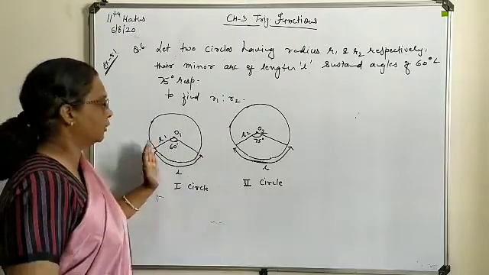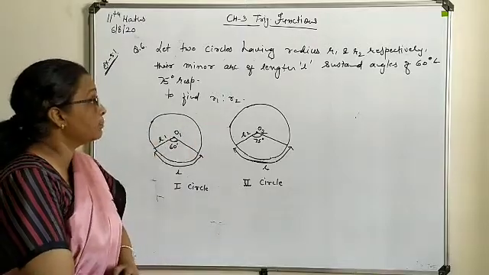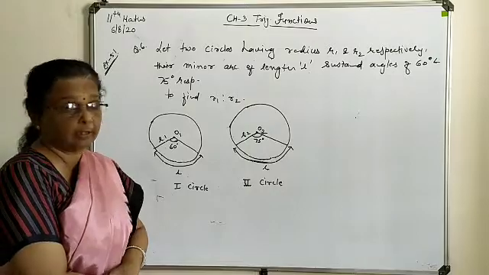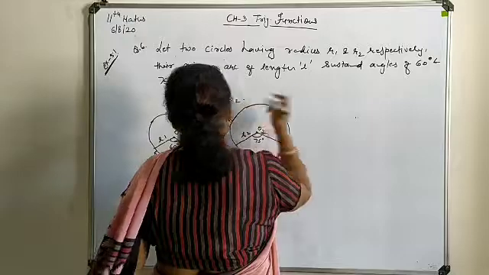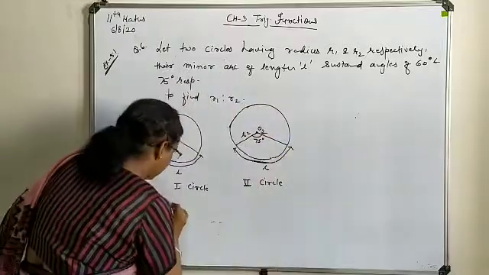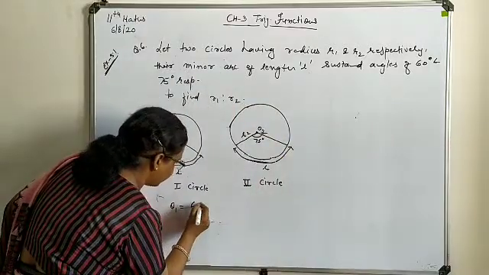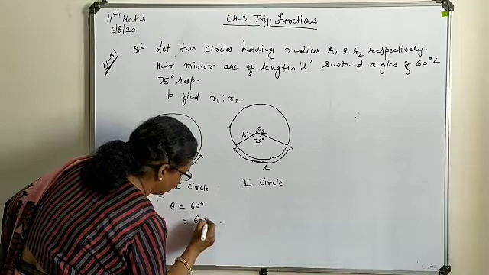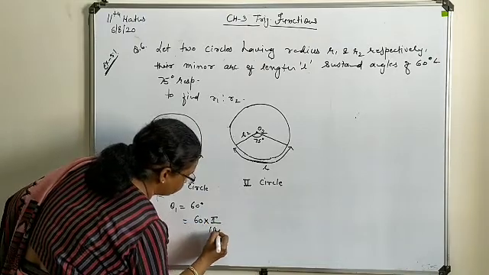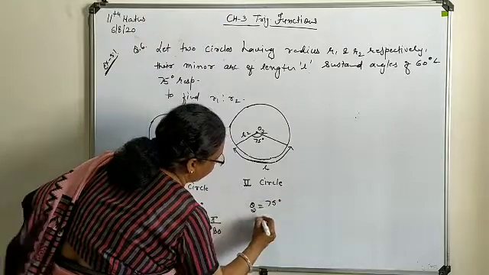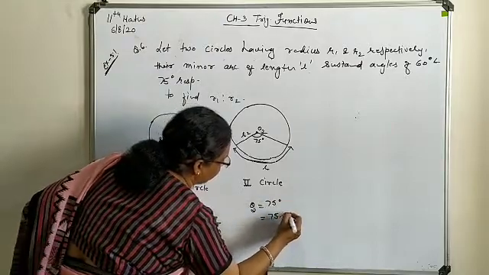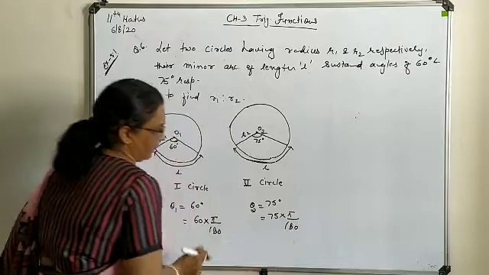Now first of all both the angle we are going to represent in terms of a formula form. So first angle theta 1, here your theta 1 is 60 degree. Make it convert in a radian form this much. Here your theta 2 is 75 degree. Convert in form of radian, that is pi by 180.